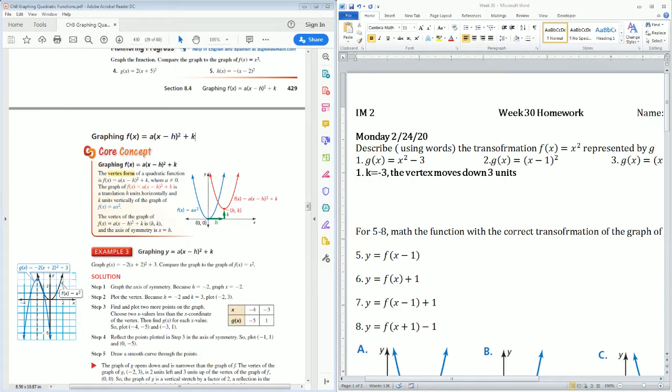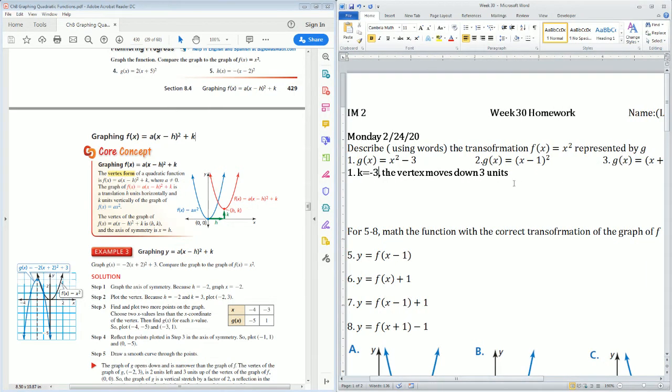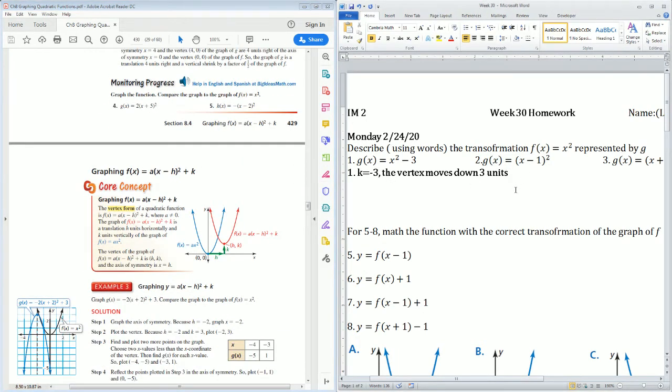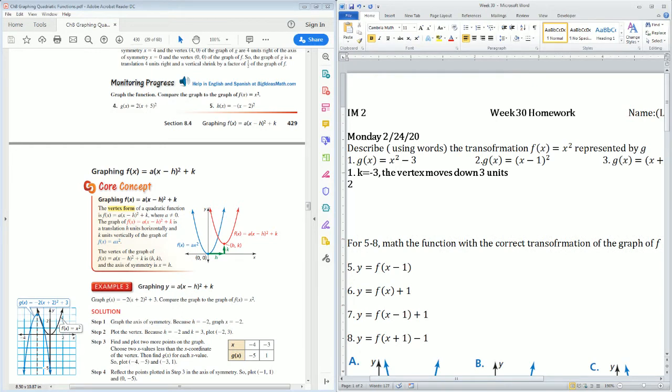So that works. Good. Number 2: what happens here if I put the minus 1 next to it? That is the h. When h is going to be equal to what? It's the opposite, so it's 1. So the vertex will move 1 to the right.